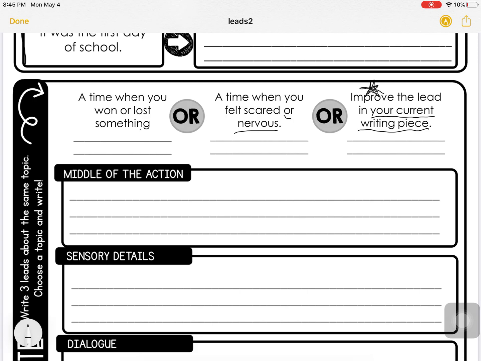Perhaps you want to make a lead about your expert report presentation. This would be a great opportunity to practice for your expert report. What would be a great way to get your viewers' attention and want to know more about your expert report? So that's another idea. I want you to practice middle of the action, sensory details, and dialogue. I can't wait to see your leads. I think they're going to be great. All right, nice.